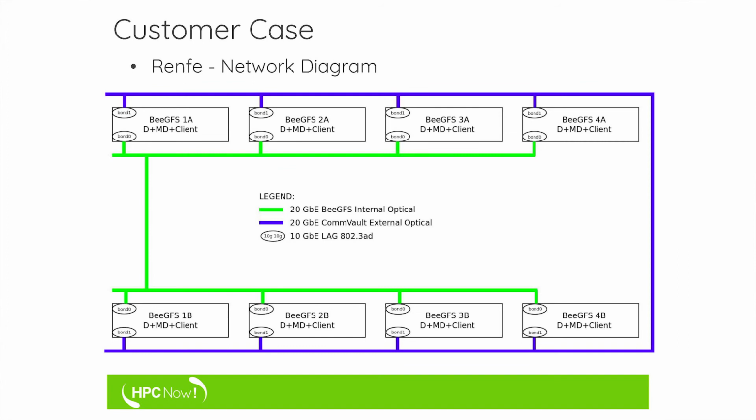So more or less, this is the network diagram. That would be site A with the 4 BeeGFS clients, and this is site B with the buddy mirrors of the corresponding site A. Of the 4 10 gigabit Ethernet ports that they have, 2 are bonded and used for the Commvault backup network, and the other 2 10 gigabit Ethernet ports are used for internal BeeGFS communication.